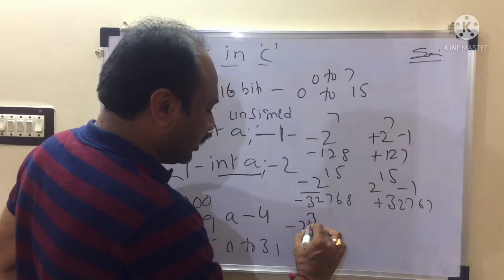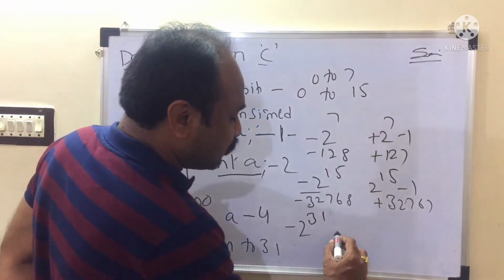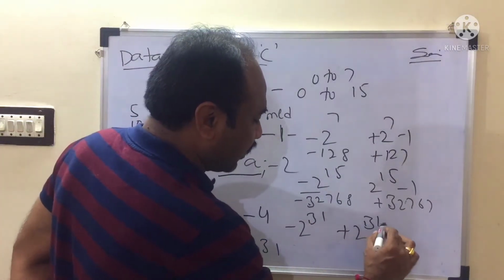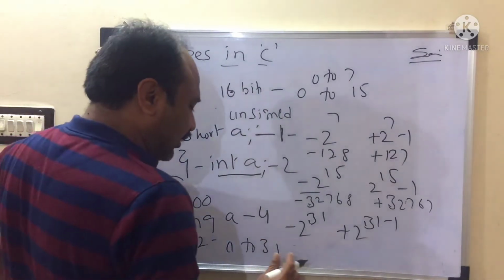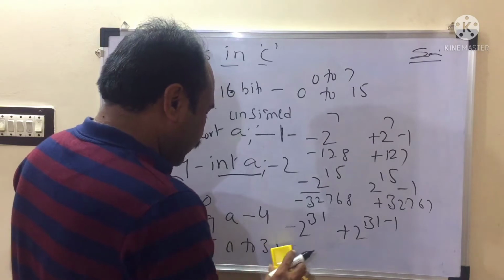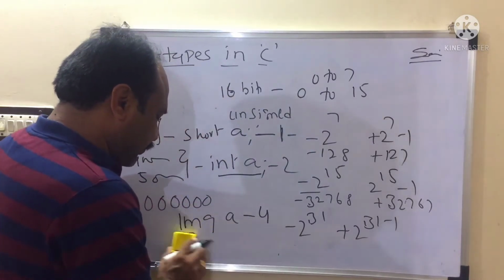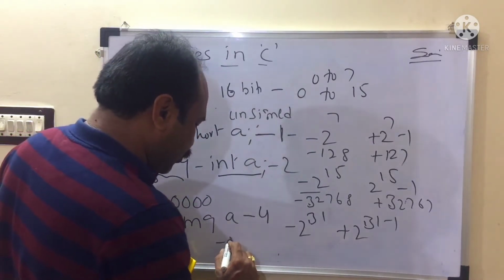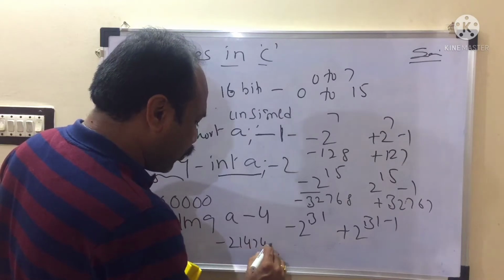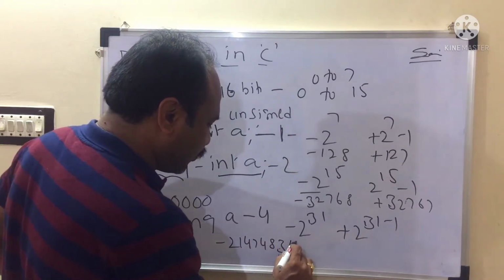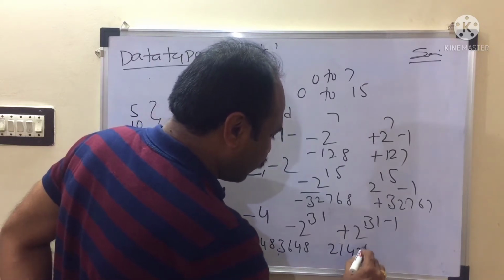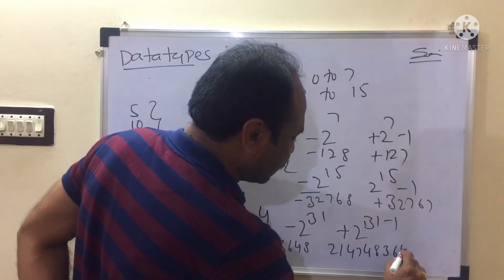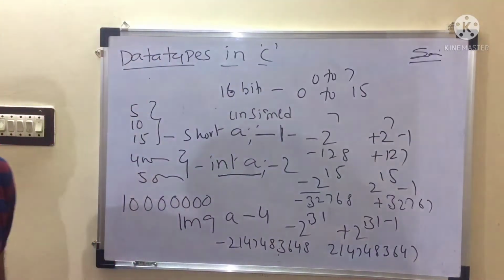Minus 2 power 31 to plus 2 power 31 minus 1. If you calculate it, you will get minus 2147483648 to plus 2147483647.